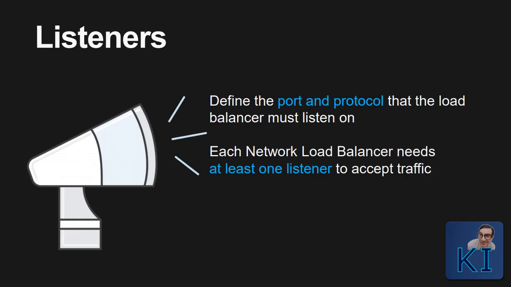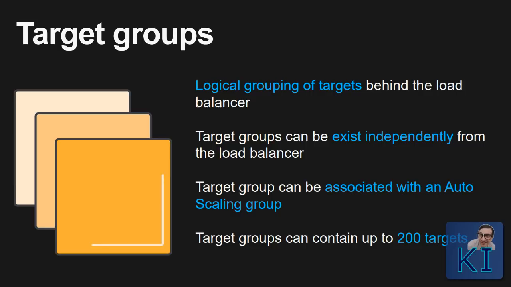So we have already seen what a listener is. We define a port and protocol. So we define TCP 80 and TCP 8080 as the port and protocol for the two listeners, right? Okay, at least one listener would be needed, or else your NLB cannot get created or will not work.